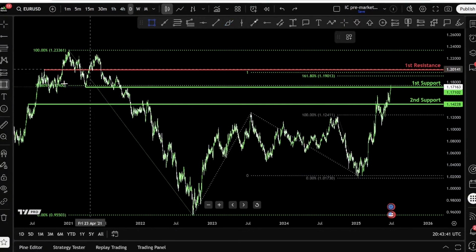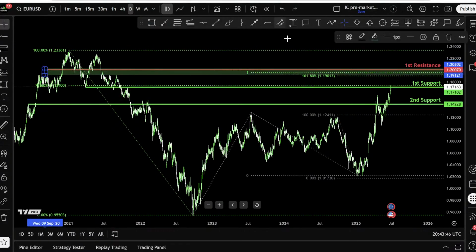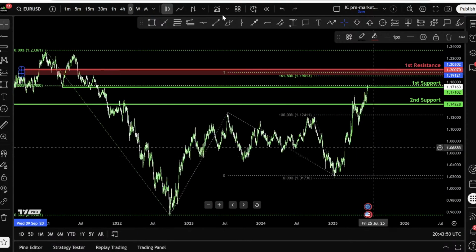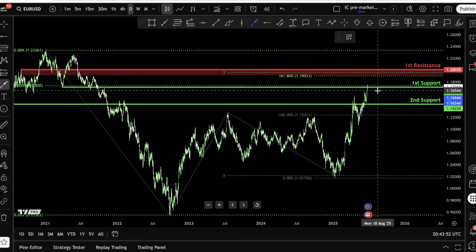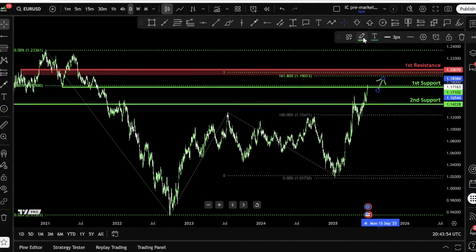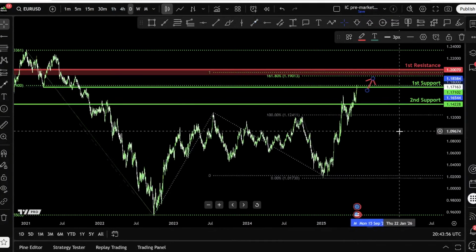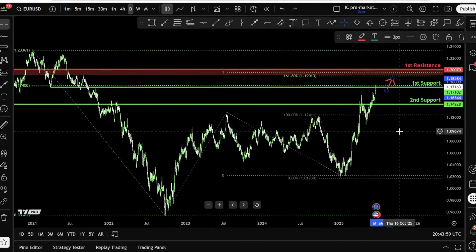Okay, so already at our first resistance, you can see a confluence area here. Okay, and I'm expecting prices to continue in this uptrend towards our first resistance.